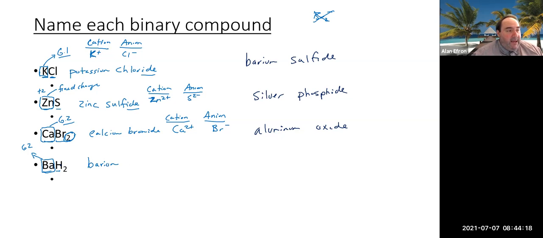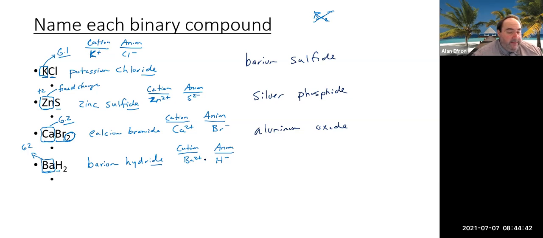And again, hydrogen, which comes second in this case, is actually the negative version of it, and it would be hydride, IDE, where the cation here would be barium with a +2 charge. The anion in this case would be hydrogen with a -1 charge.